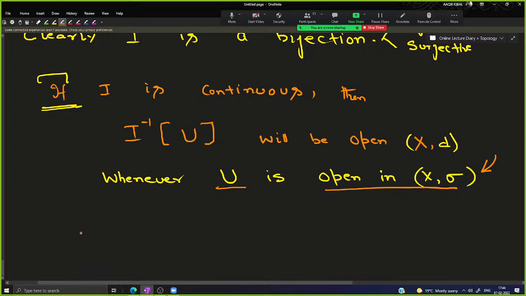Now if I ask you what is I inverse of u? In the first place it is the set of those elements of x, by definition मैं कह रहा हूँ, it is the set of those elements of the domain of I whose I image belongs to u.